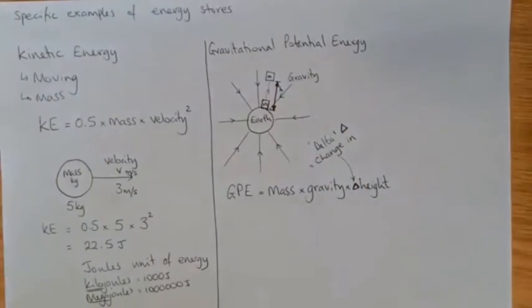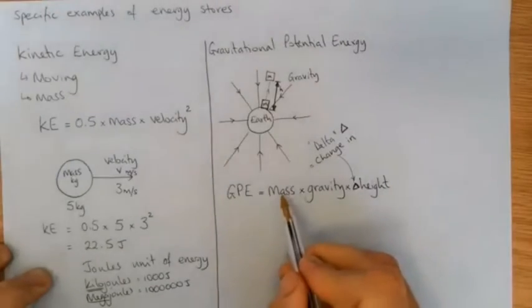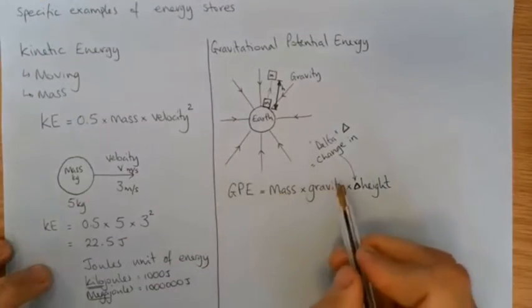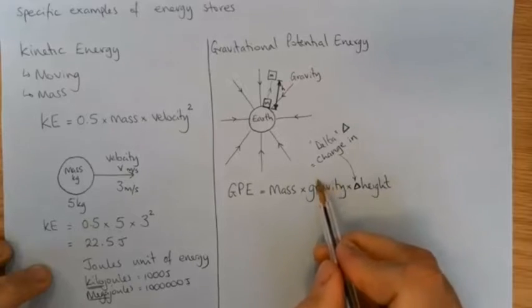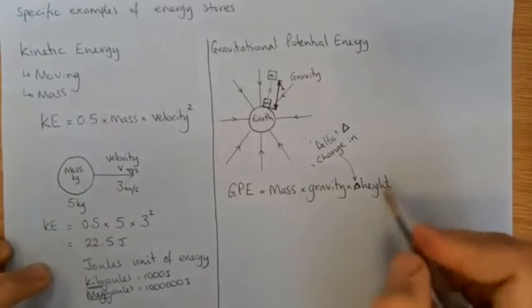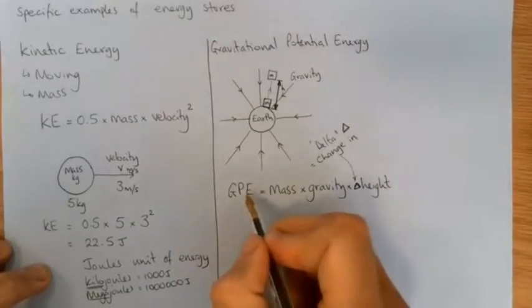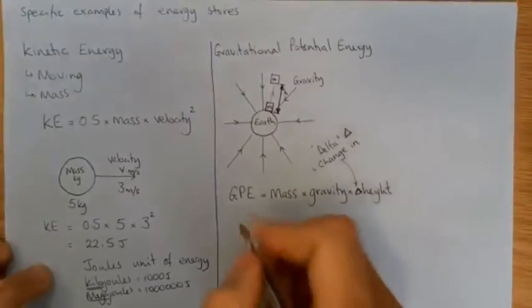So delta means the change in. So if we know the mass of the object, we know the strength of the gravitational field, and we know the height change, then we can work out how much energy has been put into that system.